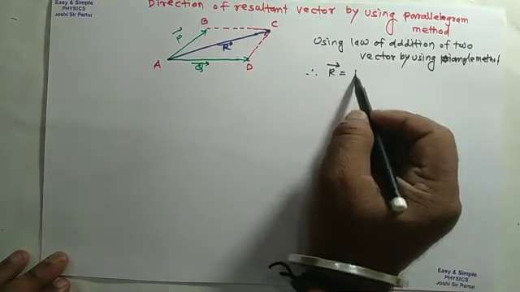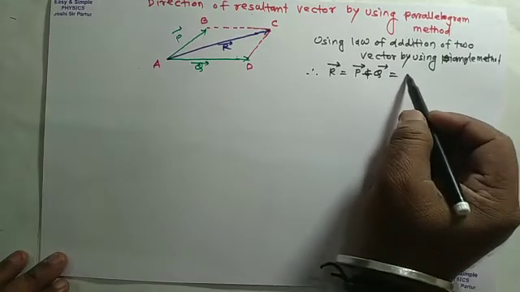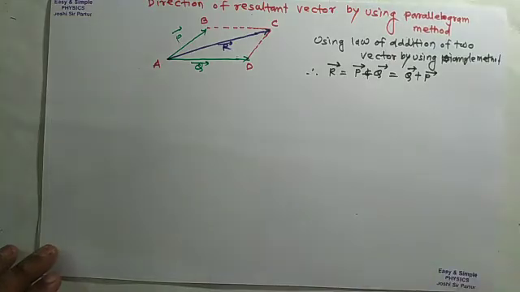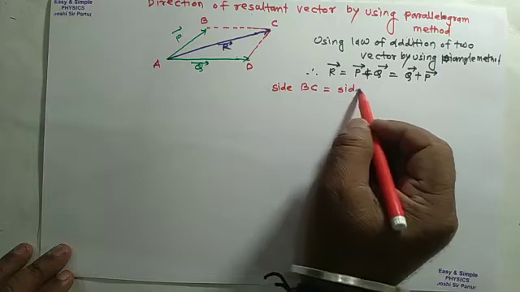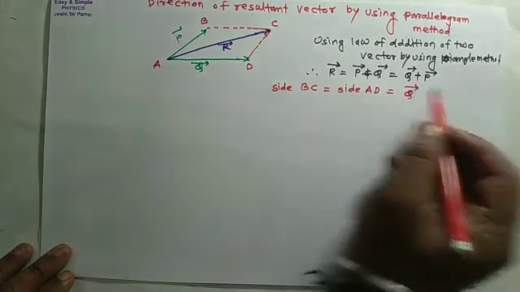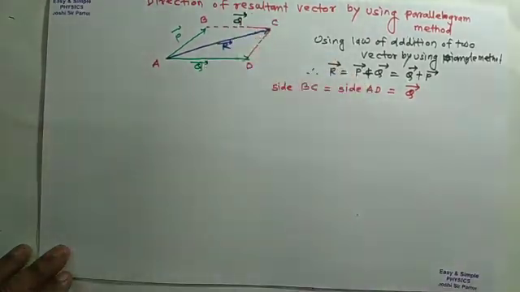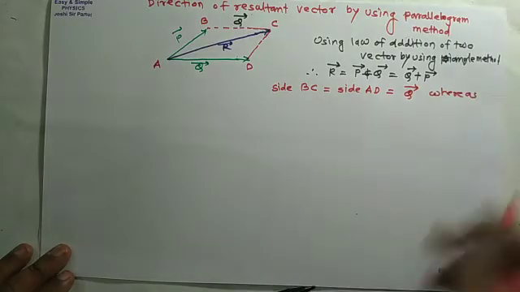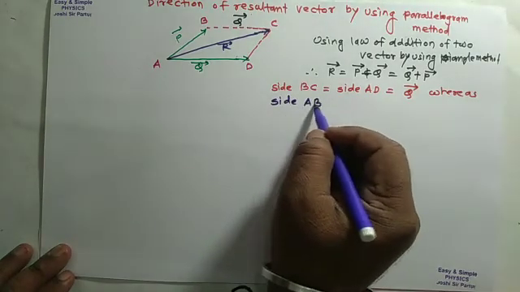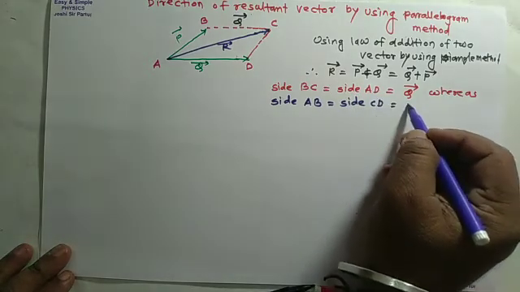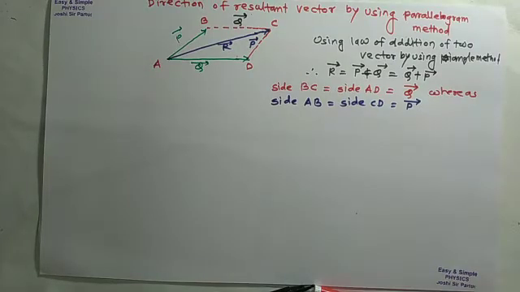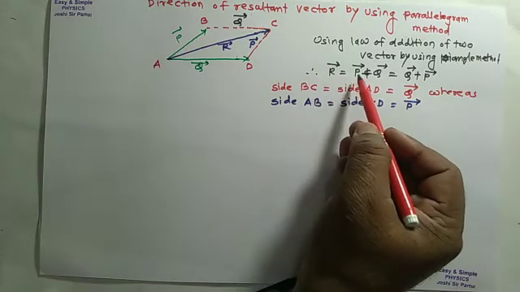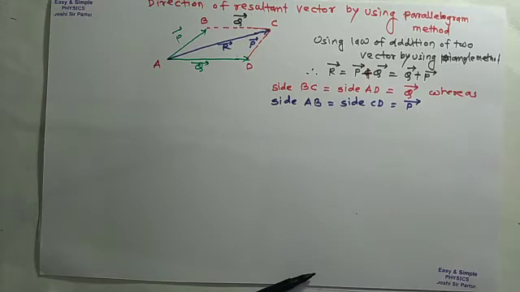Therefore, vector r is equal to vector p plus vector q, which is equal to vector q plus vector p, such that side BC is equal to side AD represented as vector q, whereas side AB is equal to side CD represented as vector P. So by using the triangle method, two vectors can be added by vector R is equal to vector P plus vector Q is equal to vector Q plus vector P.